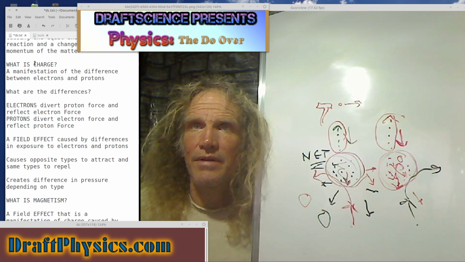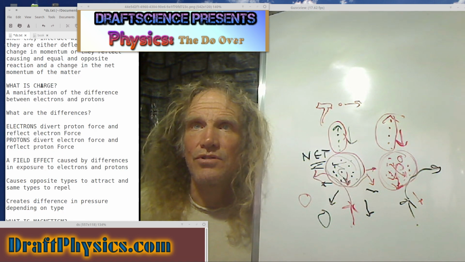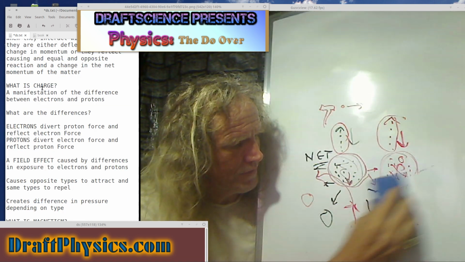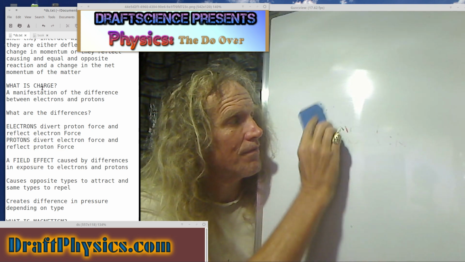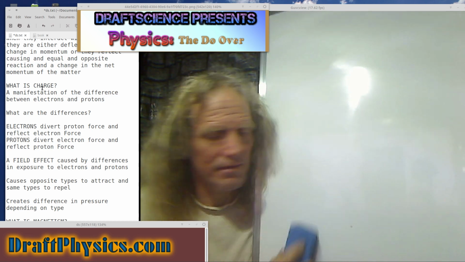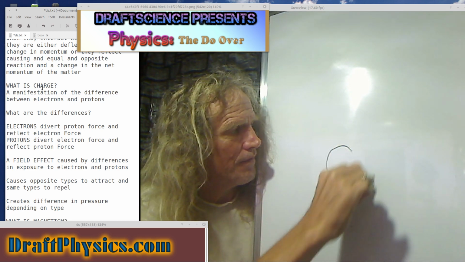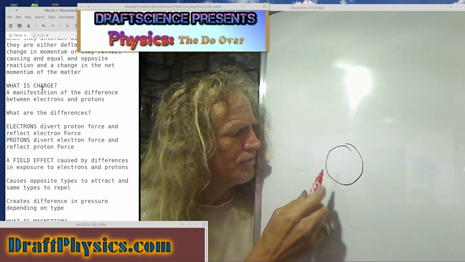So this is another answer to, oops, we're already at charge here. Okay, so what is charge? So charge is the electron and the proton, obviously, and the fact that they manifest these two different field effects. So when you put a charge in the field, all right, now I've just pointed out how the field has these two forces in it.